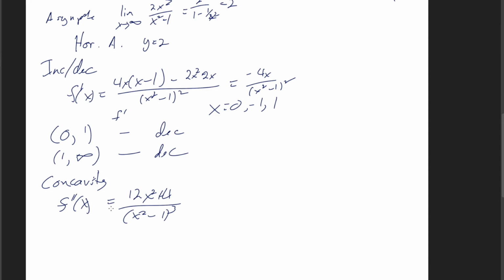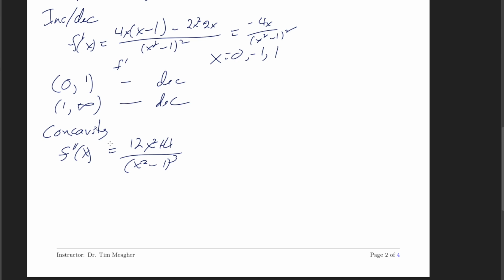Where does this not exist? It doesn't exist at 1. And x squared plus 4 is always positive, so this can't equal 0, so we look at 1. So x equal to 1 and negative 1 are the possible points of inflection. Again, we're going to look from 0 to 1.